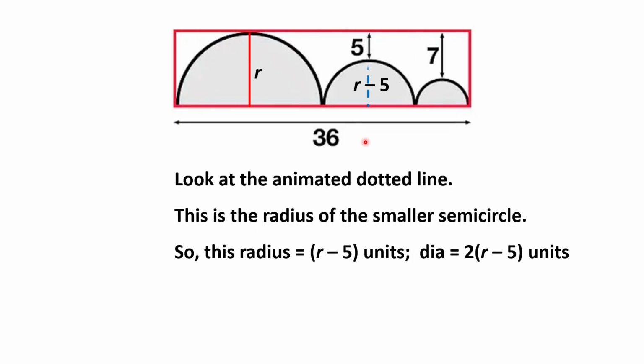Now look at the animated blue dotted line. This is the radius of the semicircle in the middle, the smaller semicircle.